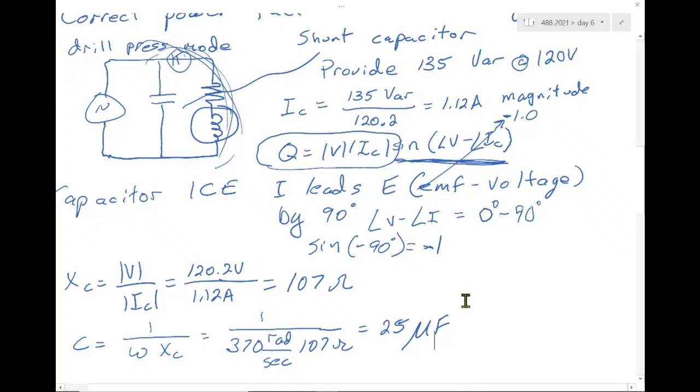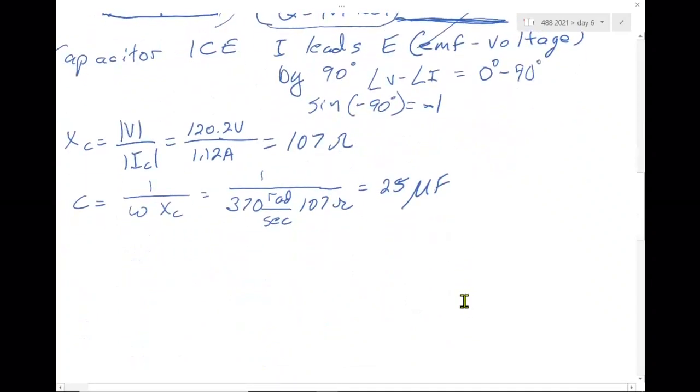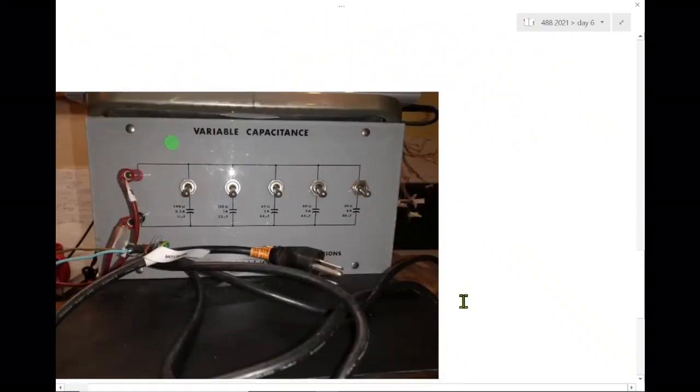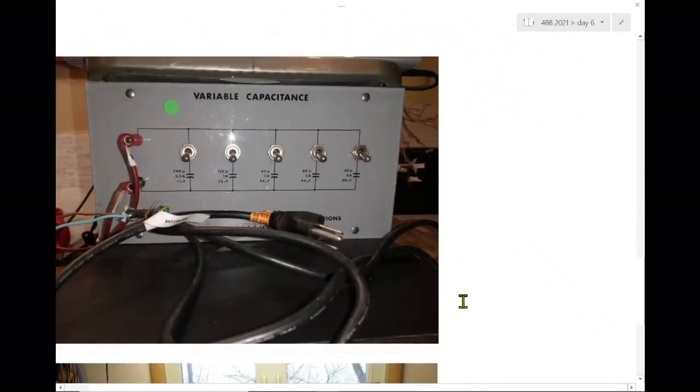Let's see if that really works. I have connected in the circuit the other thing that was turned on when I was not getting a zero current. This variable capacitor.